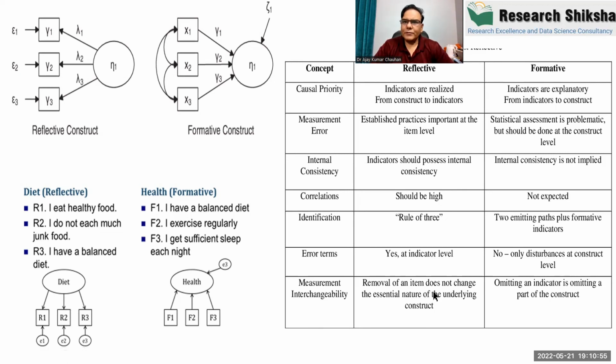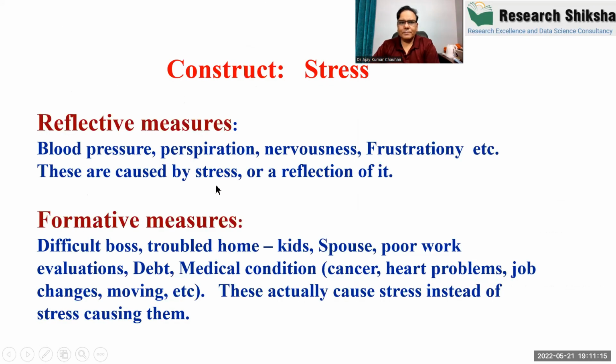So if you want to examine the predictive accuracy, in a formative construct it is for the construct, and for the statement in reflective. Okay. So I think we will discuss slowly. Up to this level, you must understand the difference between formative and reflective.